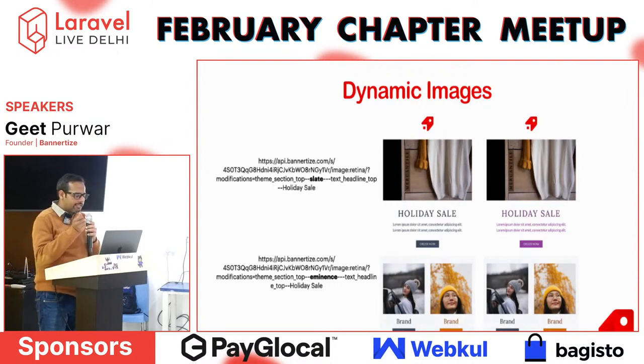One of them is slate, and the second one is imminence. These are the themes we have created for these templates. If we change it to slate, we get the first image, and if we change it to imminence, we get the second theme. You can see the holiday sale is in a different color. Those are the colors that we can assign in every template. I will come to that later.